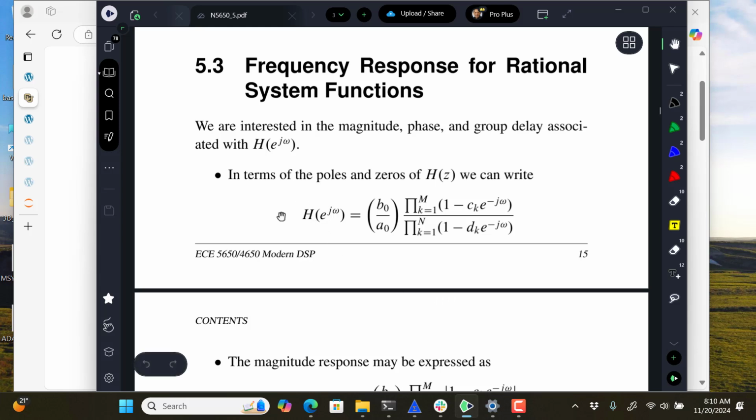So the significance here is working in terms of poles and zeros. And then the analysis here went in and looked at magnitude, phase, and group delay associated with the system. And we did those definitions last week: magnitude, phase, and group delay. And we'll be using them throughout today.